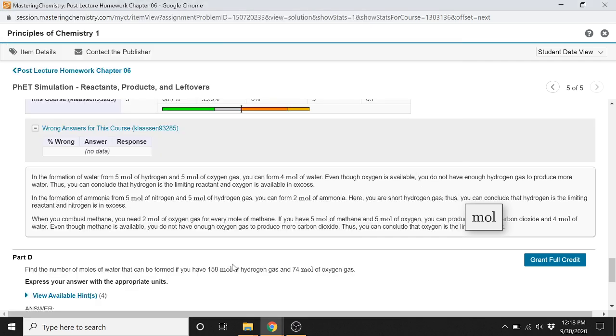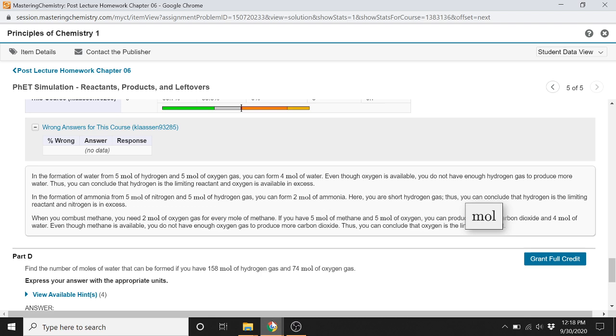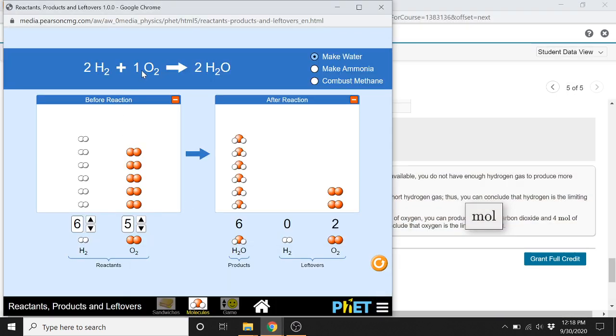Okay. Now we look at the 74 moles of the oxygen gas. So 1 mole of oxygen gas would give you 2 moles of the water. 74 times 2 is, 2 times 7, 14, so 148.